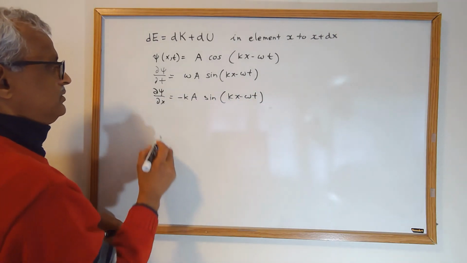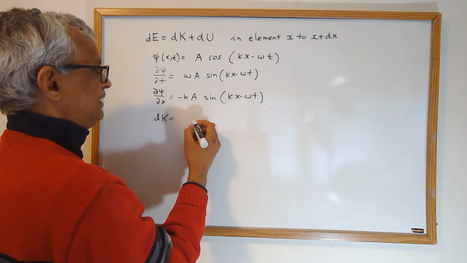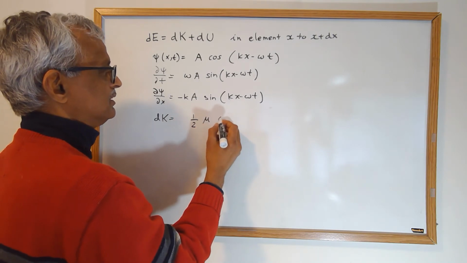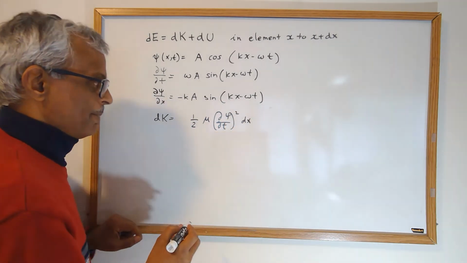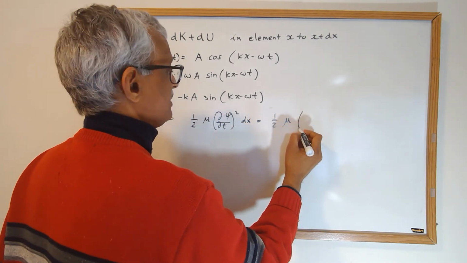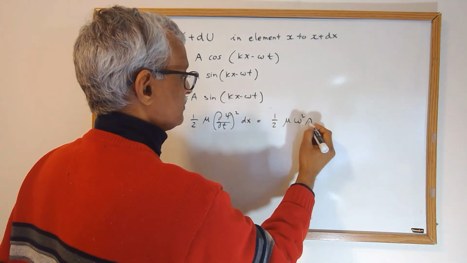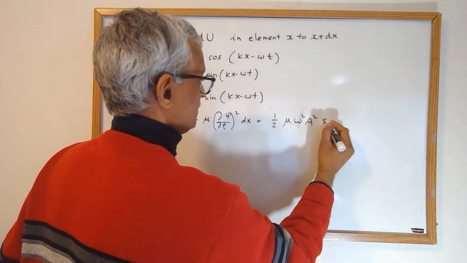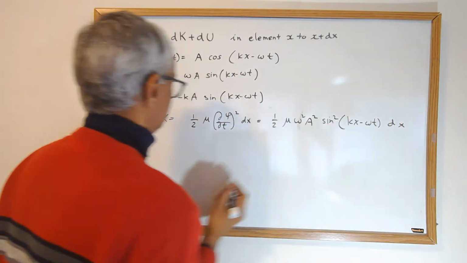Okay, so when you look at dK, it is going to be 1/2 mu d psi dt square dx, right? So this will be half mu, and we'll have omega square a square, and then we are going to have sine square kx minus omega t, and then we have dx.